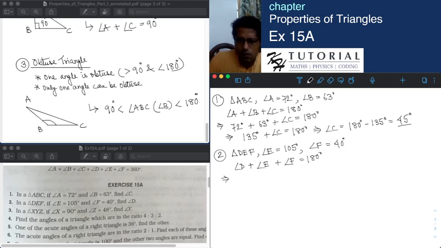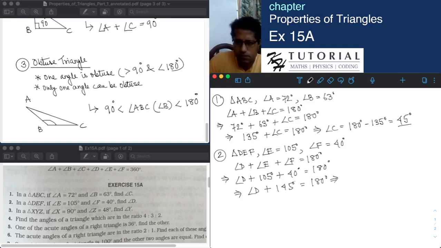Now, this is angle D plus angle E, which is given to be 105 degrees, and angle F is given to be 40 degrees. So we have angle D plus 105 plus 40 equals 180 degrees. This implies angle D plus 145 degrees equals 180 degrees.